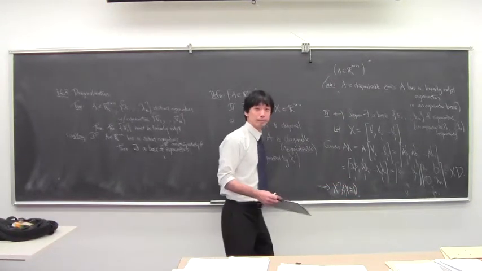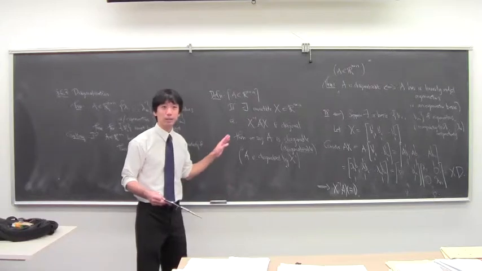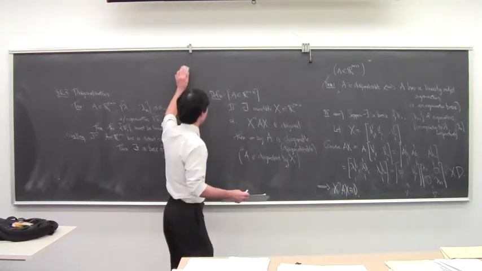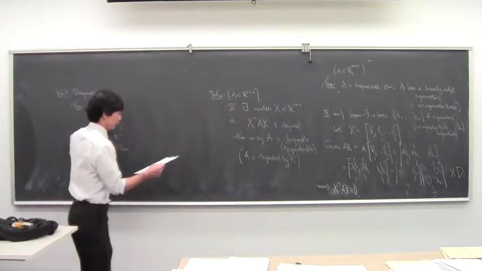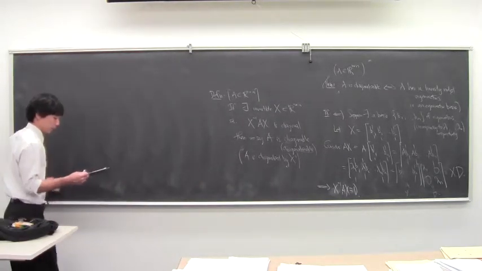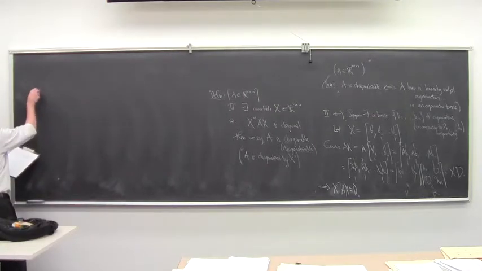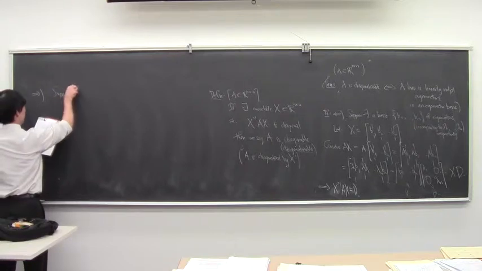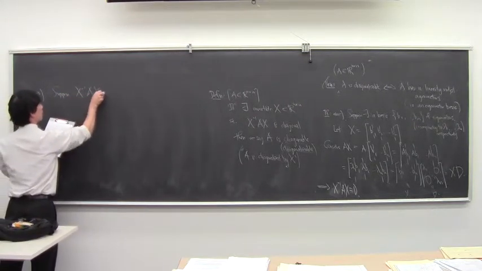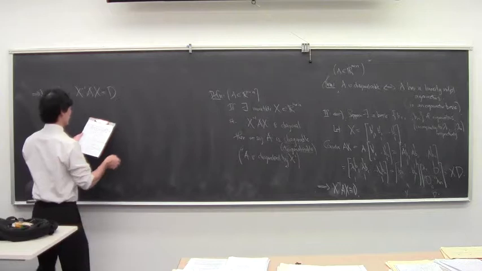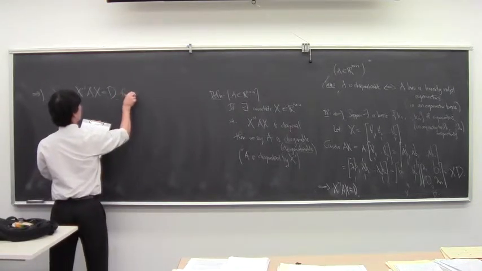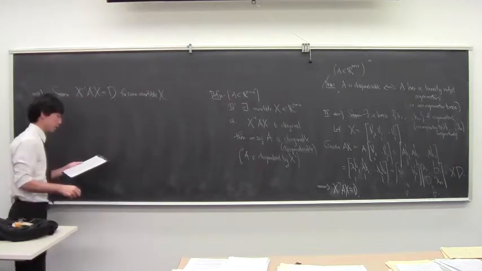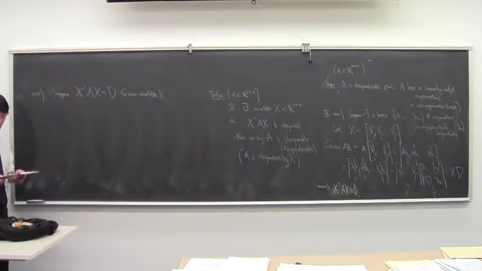Okay. Any questions about that? No. Okay. So now we need to go the opposite direction, and the opposite direction is equally straightforward. Suppose your matrix is diagonalizable.